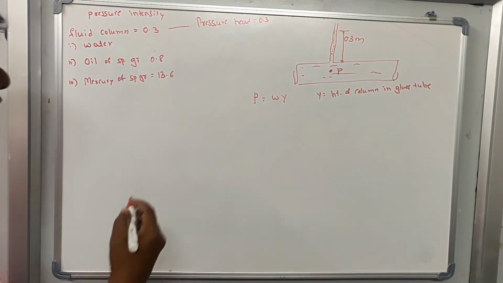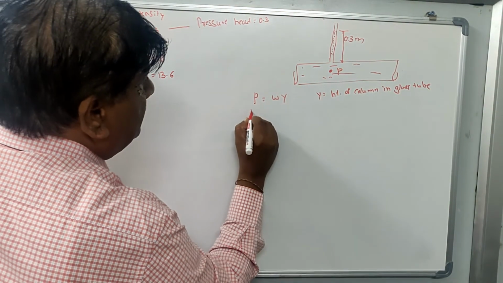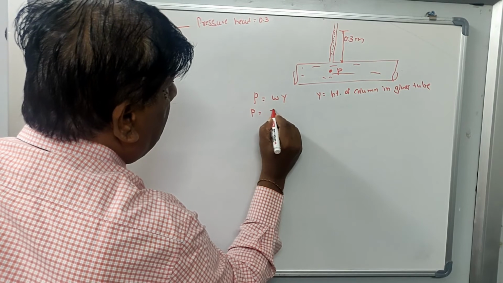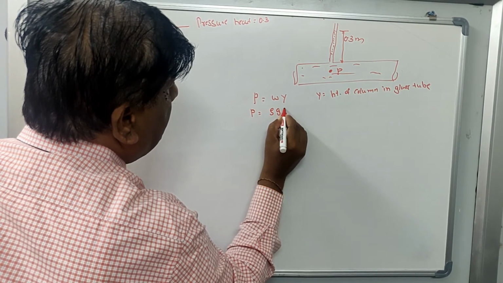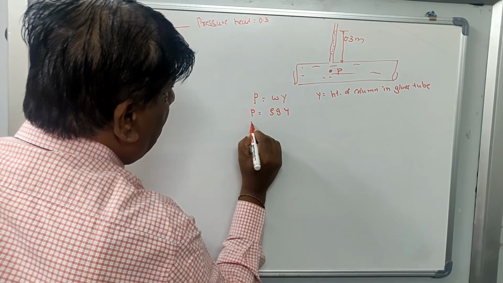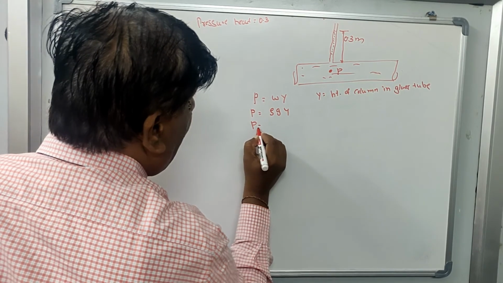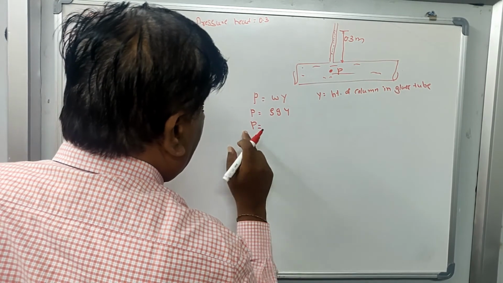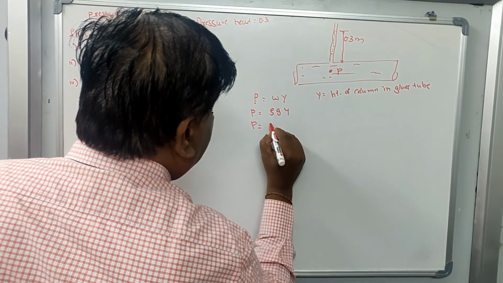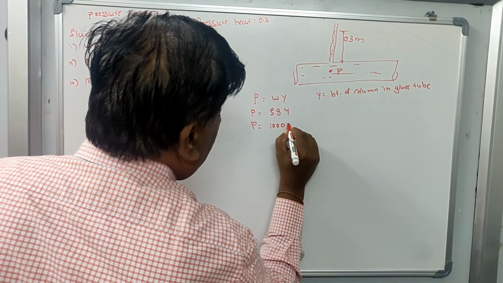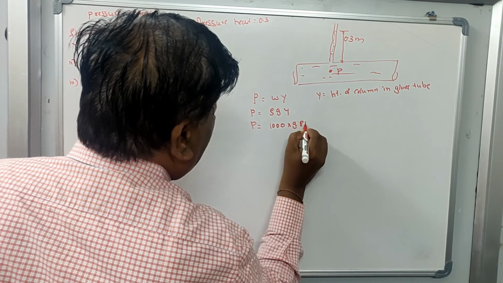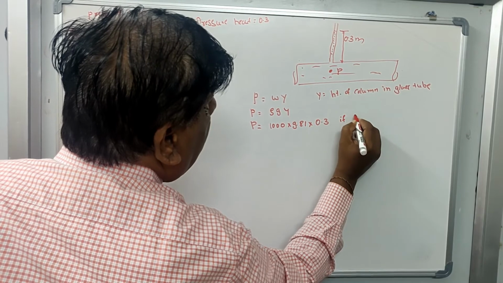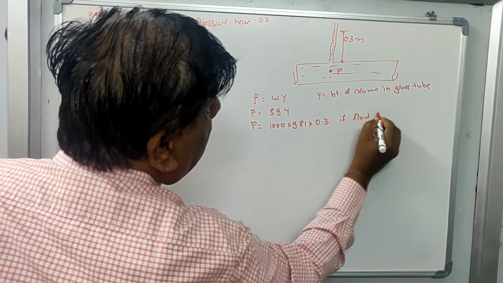So the pressure intensity P is equal to the unit weight of water, it is rho into G into Y. So therefore pressure intensity at point P is equal to mass density 1000 into 9.81 into 0.3, if fluid is water.